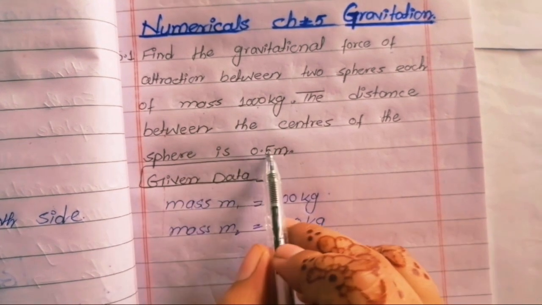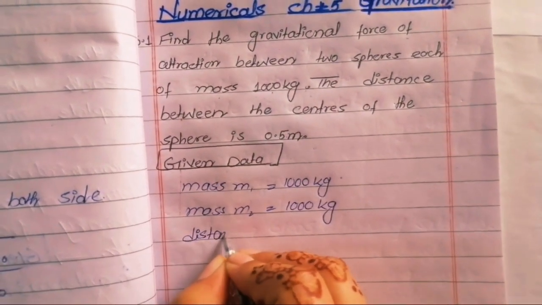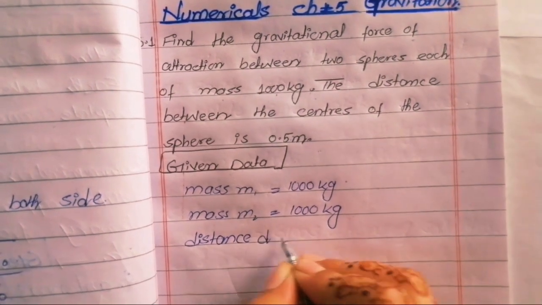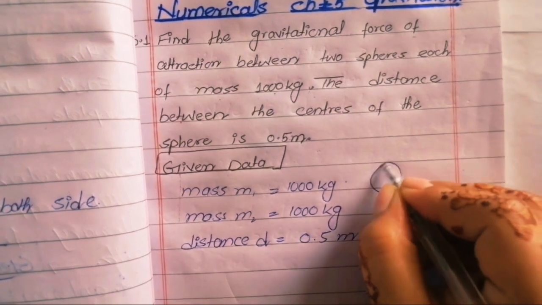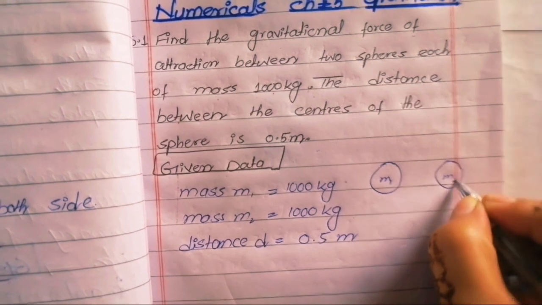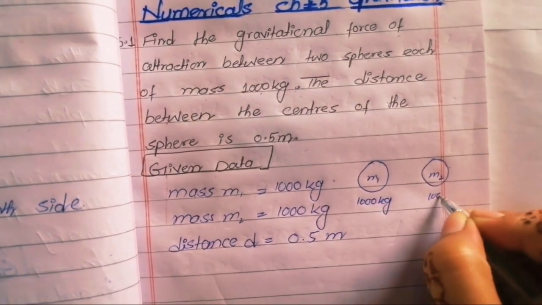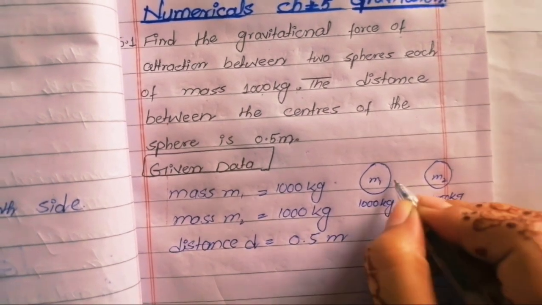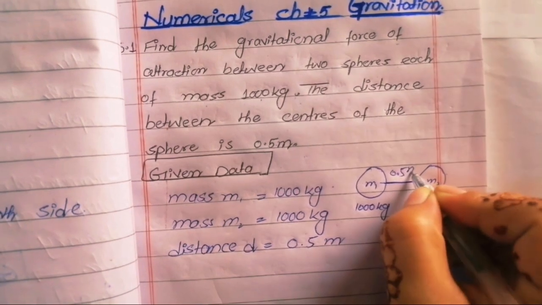And the distance between the spheres is 0.5 meter. We have the two spheres, this is M1, this is M2. M1 mass 1000 kg, M2 mass is also 1000 kg, and the distance between these two spheres is 0.5 meter.